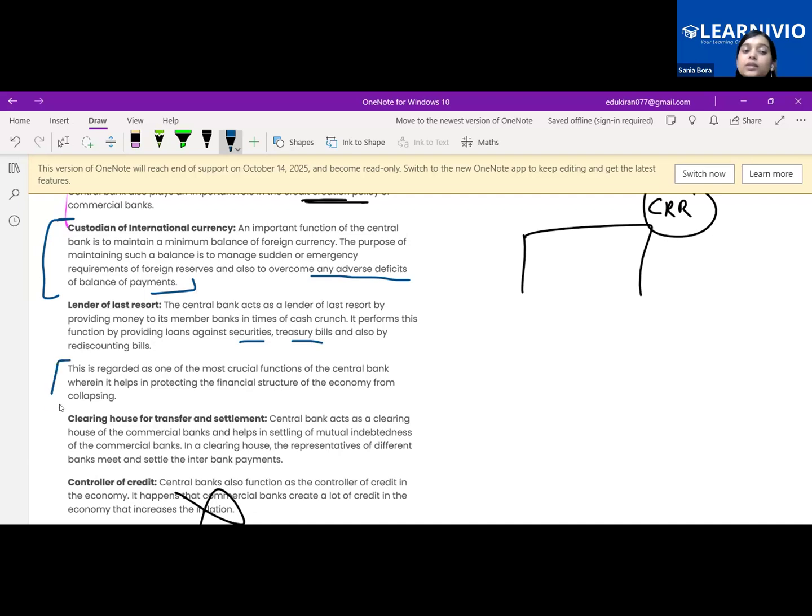This is regarded as one of the most crucial functions of the central bank, wherein it helps in protecting the financial structure of the economy from collapsing, right? So of course you need someone, the last resort, that when everything is not falling into place, will help.